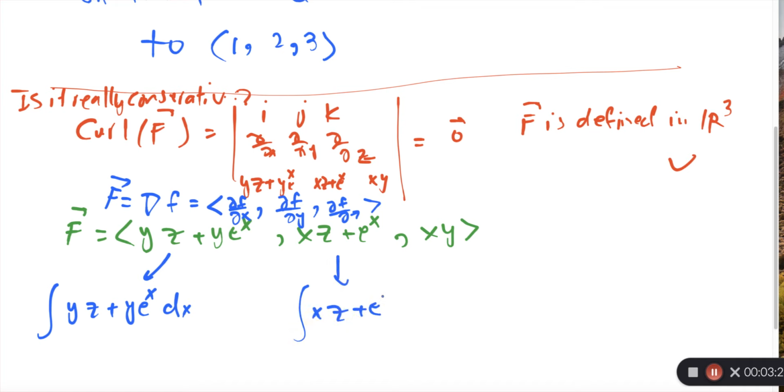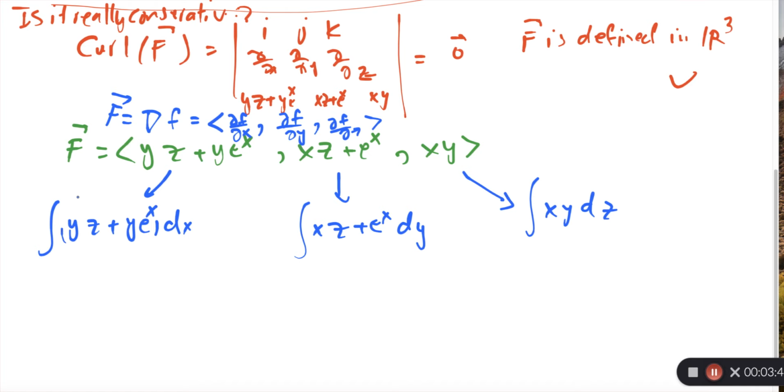But if you're very careful with this one, it's going to work out as well as the one in DiffyQ. So with respect to x, I get xyz, then plus y e to the power x, plus a constant, let's say c1. I did the antiderivative with respect to x, so c1 should contain the other two variables, which is y and z.